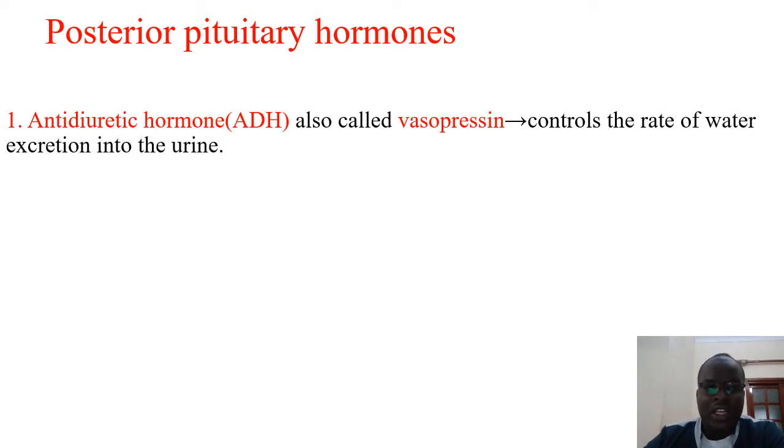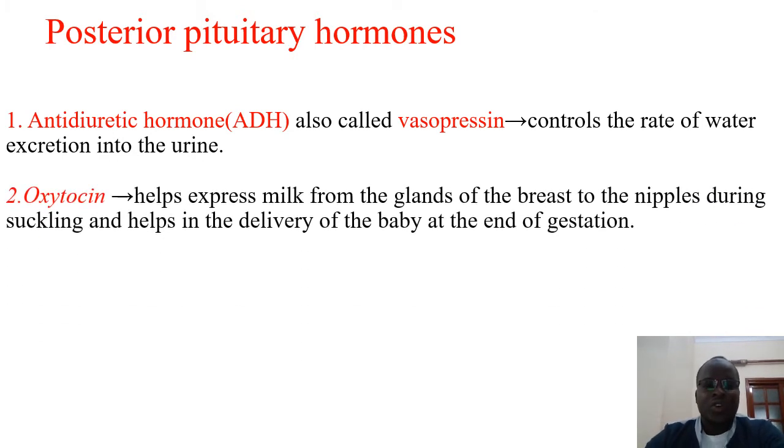The other one is oxytocin. Oxytocin helps express milk from the glands of the breasts to the nipples during suckling, and it also helps in the delivery of the baby at the end of gestation. At the end of pregnancy, oxytocin can bind to the smooth muscle cells of the uterus, the endometrium.